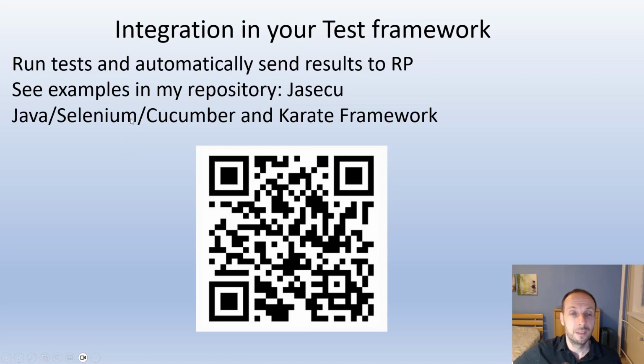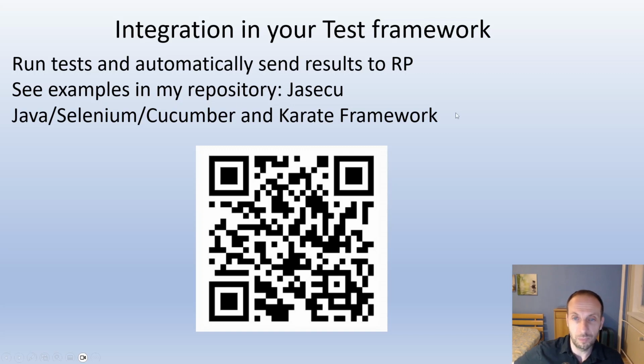And I have an example in my Java Selenium Cucumber framework, Jaseku. There are examples for the Java Selenium Cucumber framework and also the Karate framework. So if you scan this QR code, you will see the examples.